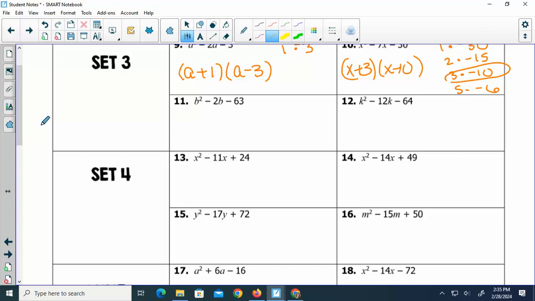So this time they're multiplying to a positive 24. So I know they have the same sign, and they add up to a -11. So if they're going to add to a negative, both of these numbers are negatives. So what multiplies to 24 and adds to -11? 8 and 3. And since they have to add up to be a negative, it would be x minus 8, x minus 3.